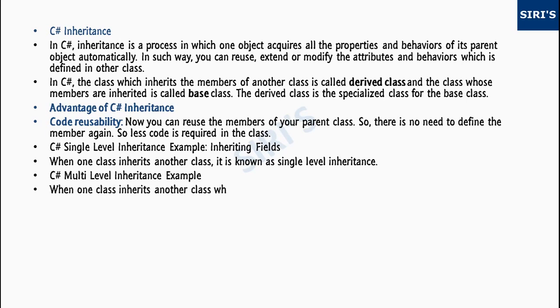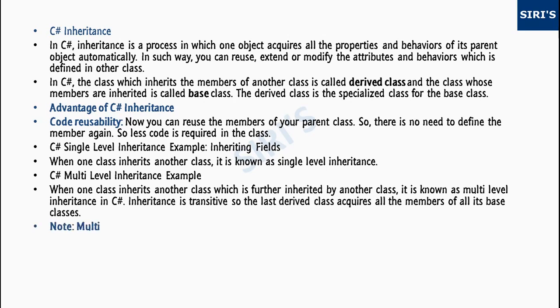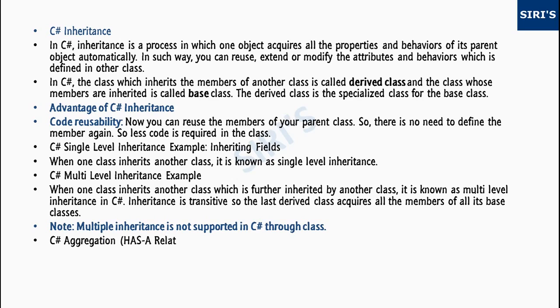C# multi-level inheritance: when one class inherits another class which is further inherited by another class, it is called multi-level inheritance. Inheritance is transitive, so the last derived class acquires all the members of all its base classes. Multiple inheritance is not supported in C# through classes.